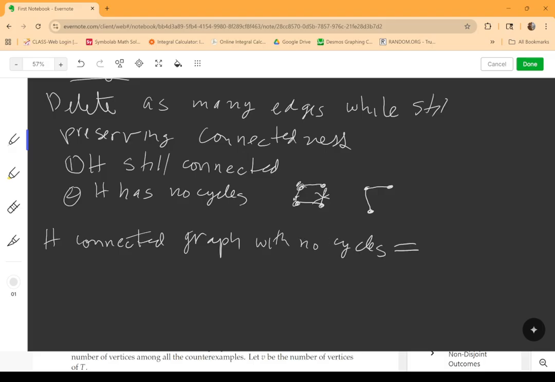In other words, it is a tree. That means that the edges in H must be equal to V minus 1, properties of trees.